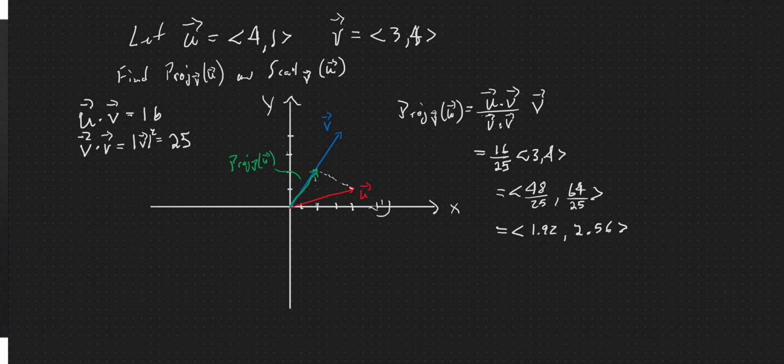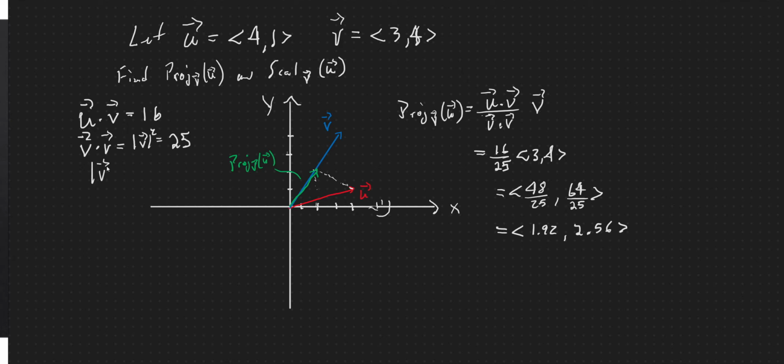So what's the scalar projection of u onto v? Well, that's just the magnitude of the projection. One way to do this is to compute the magnitude of the orthogonal projection. The other way is to use the formula from before: u dot v over magnitude v.